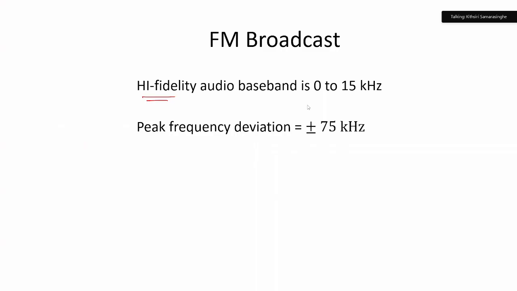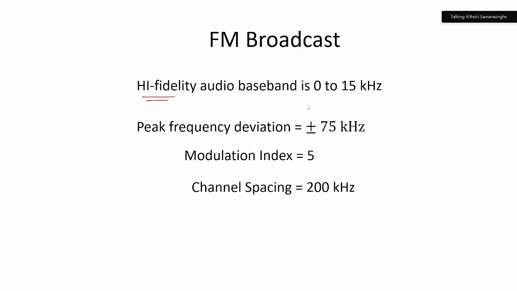This is the standard. Peak frequency deviation for such a broadcast is plus or minus 75 kilohertz. This is the standard value. Modulation index is a standard value, 5. Channel spacing is 200 kilohertz in this band. Channel spacing means if you take one FM channel, the next FM channel likewise.